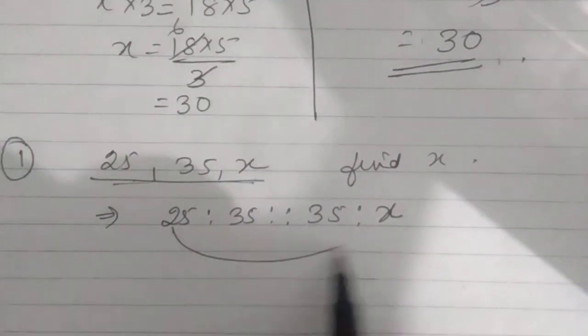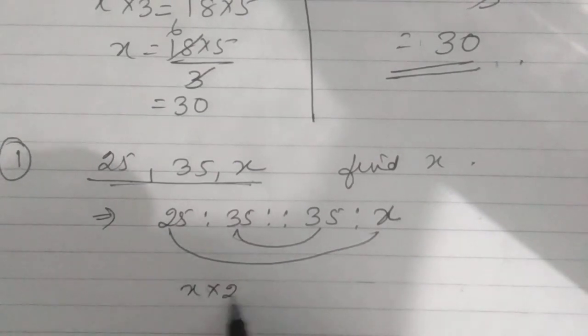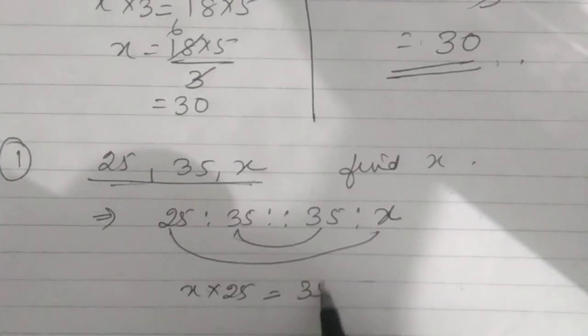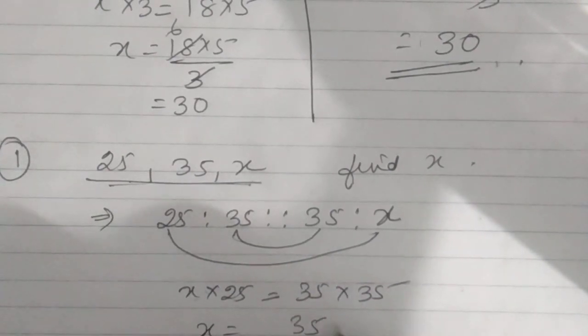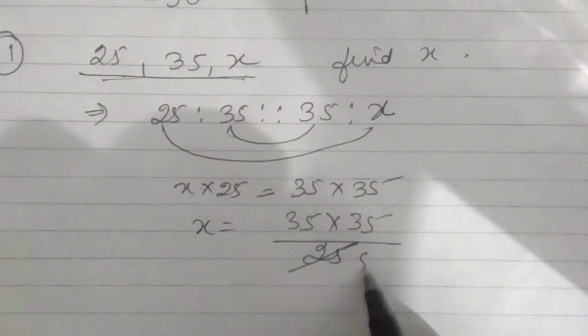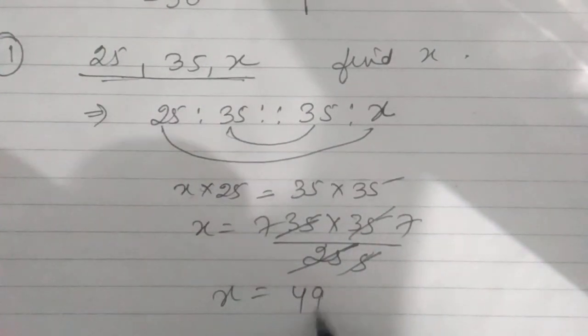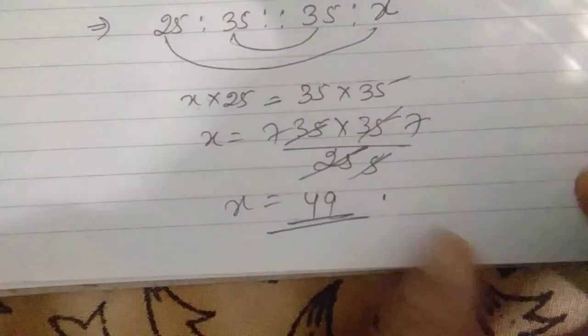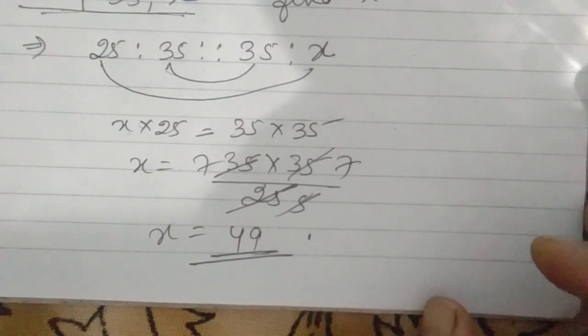Now you solve. The product of extremes is equal to the product of means. So x into 25 is equal to 35 into 35. Now I solve. X is equal to 35 into 35 by 25. 5 fives are 25, 5 sevens are 35. So x is equal to 49. Right? So this is how we solve this question.